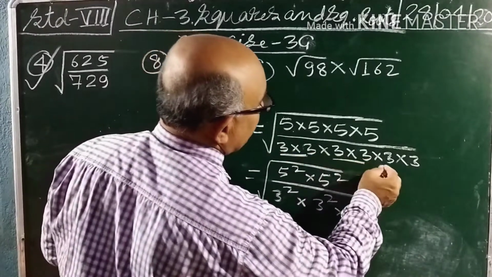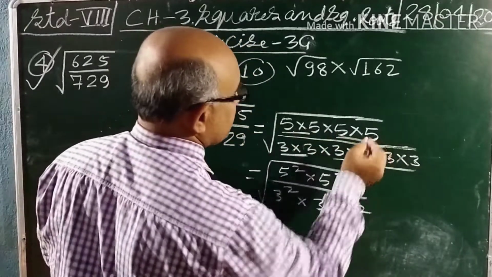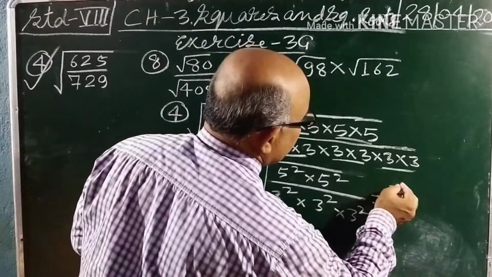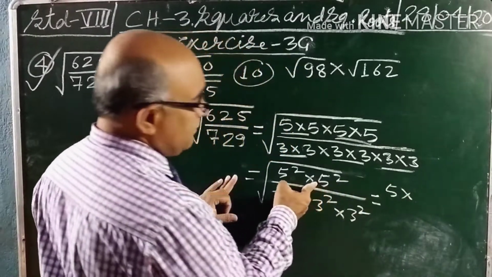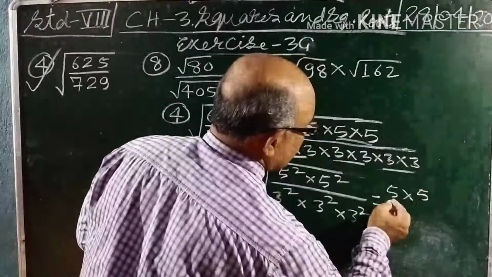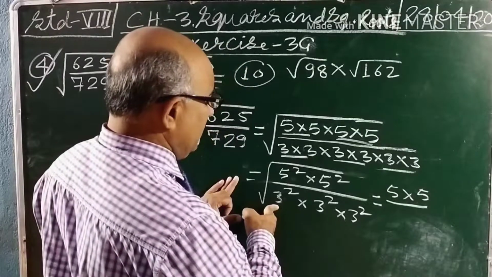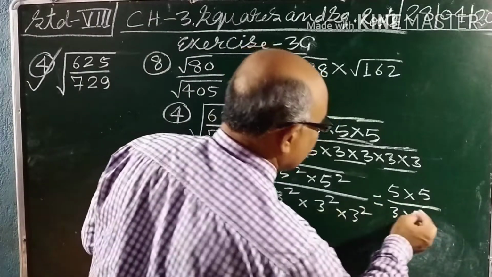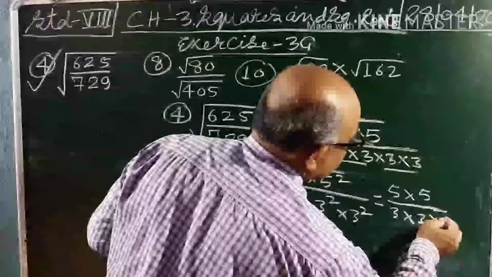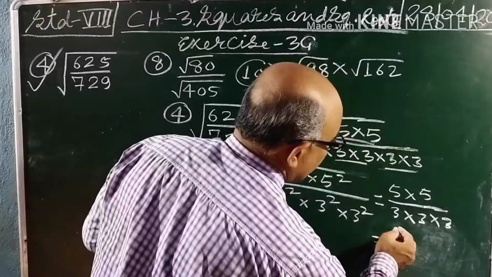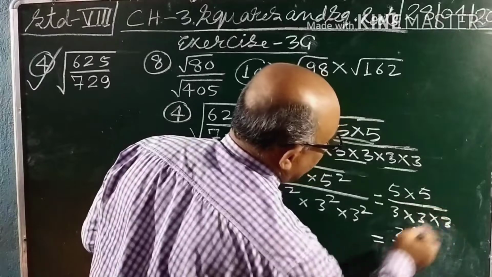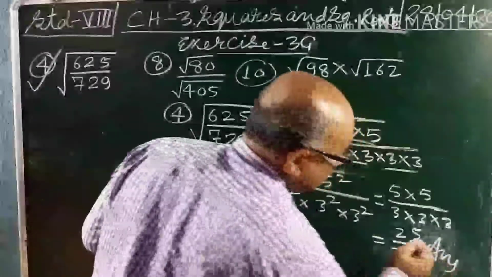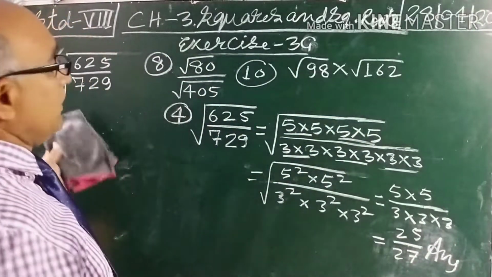The square root of 5 square is 5, and the square root of 5 square is also 5. The square root of 3 square is 3, three times. So 25 by 27. Answer. Write it. Question number 4.